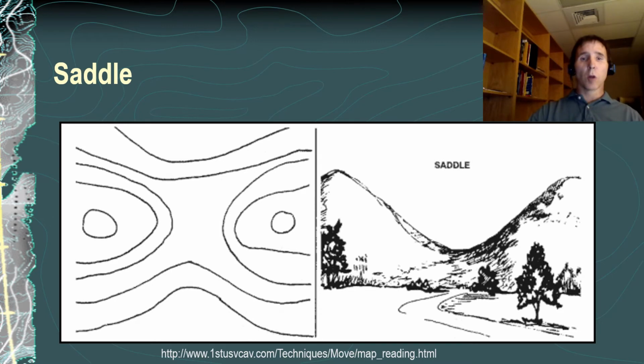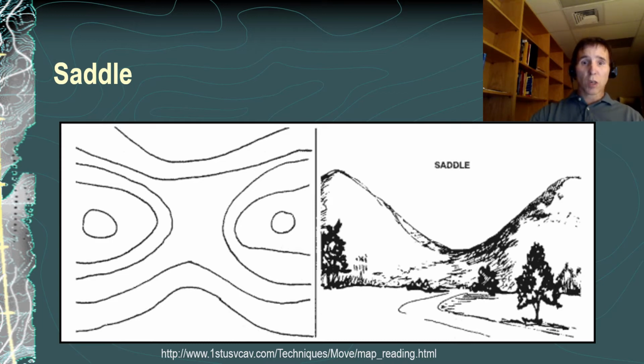A saddle is a low point that separates two high points. They could be two hills in a small ridge or two mountaintops in a much larger ridge. Study the landscape and topographic map profile carefully.